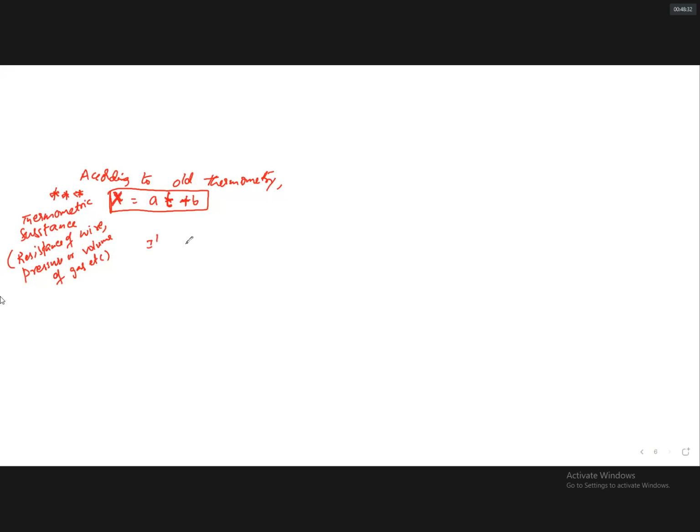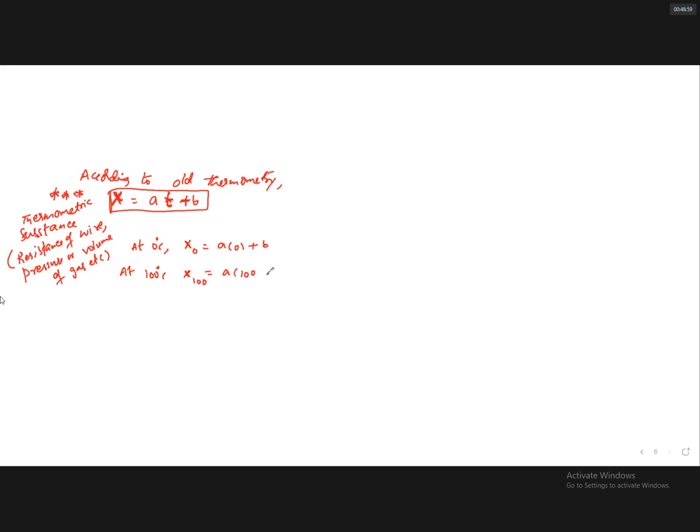Now, if X0 is the thermometric substance at 0 degrees Celsius, so A into 0 plus B, and at 100 degrees Celsius, the thermometric substance is X100.